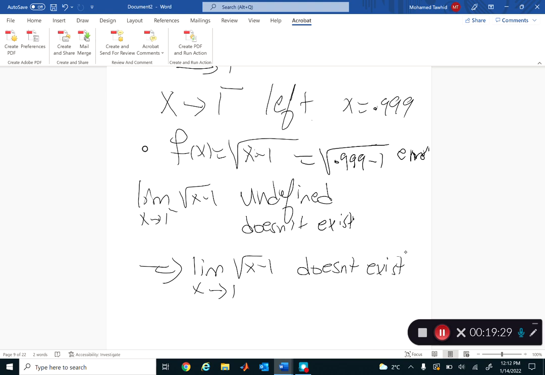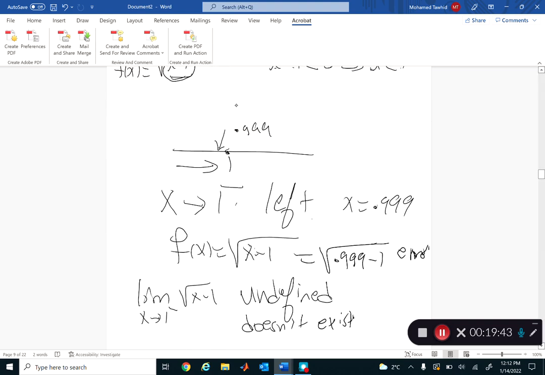If the left limit or the right limit does not exist, then your entire limit does not exist. And here I want to show you, when x is close to 1 from the left, I'm taking something close to 1 before 1, prior to 1, which means your x is less than 1.